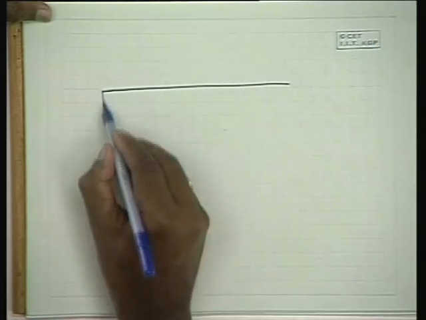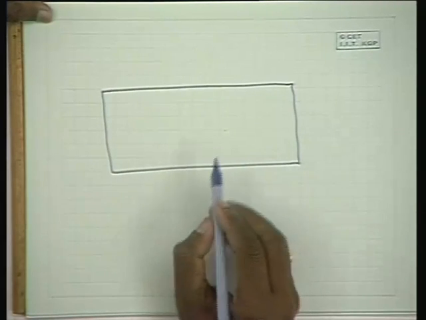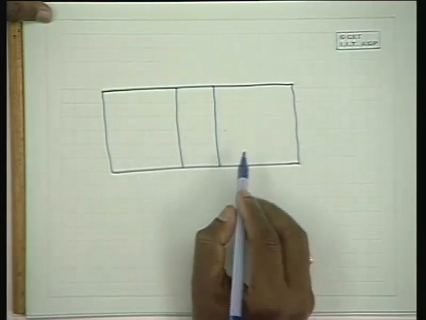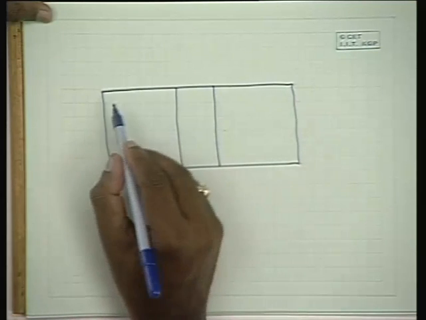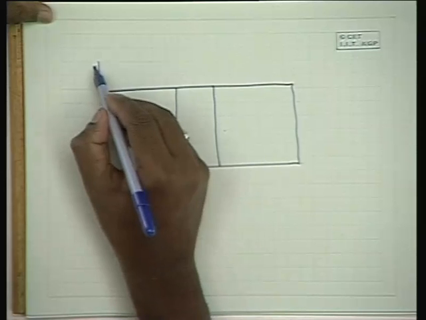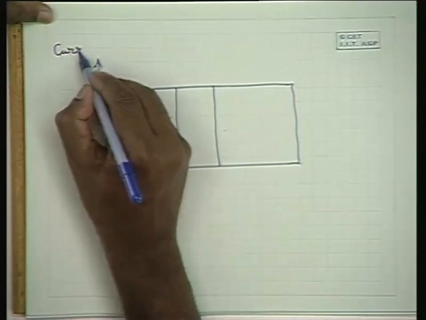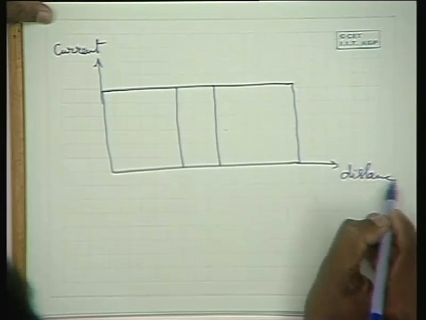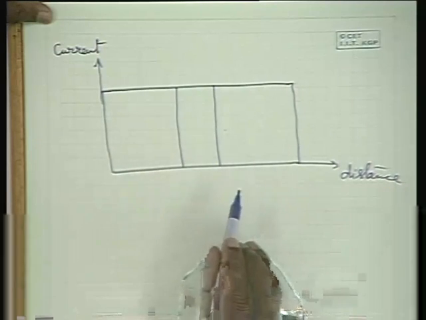Now let us look at the current components in this device. On this axis it is the current magnitude and this is distance, and I am indicating currents over here.